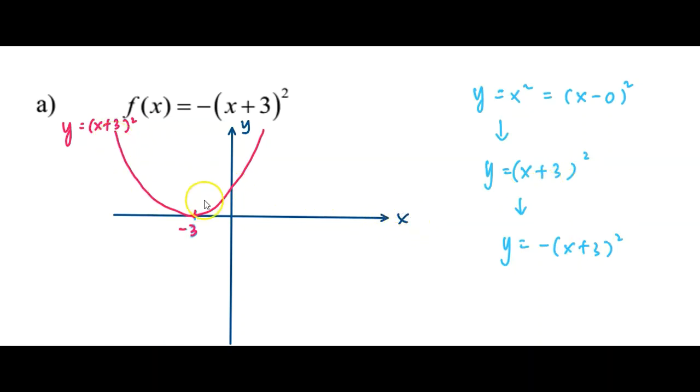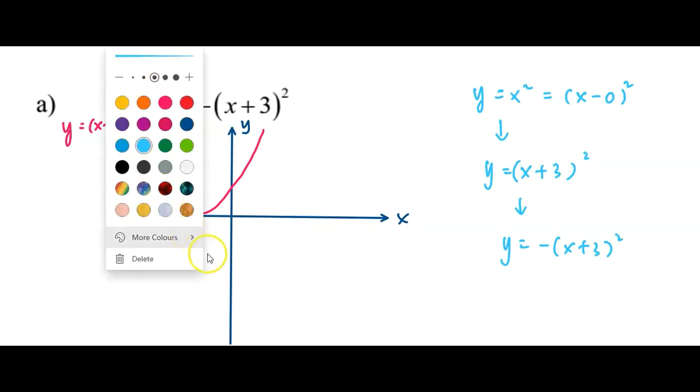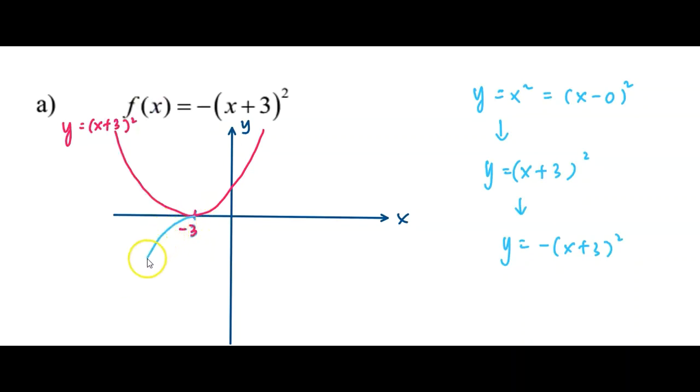The left side, when reflected about the x-axis, becomes like this. And the right side, when reflected about the x-axis, you will get the graph something like that.